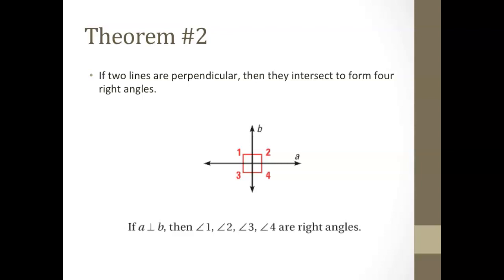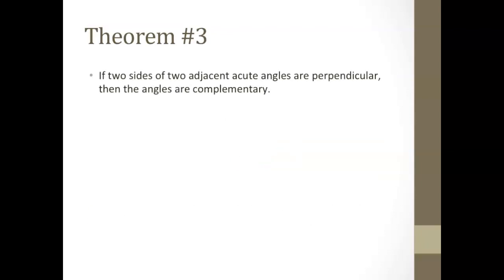The next theorem says, if two sides of two adjacent acute angles are perpendicular, then the angles are complementary. Okay, so this is saying here, we have two adjacent acute angles. So acute meaning less than 90 degrees, and adjacent meaning right next to each other, they share one side.